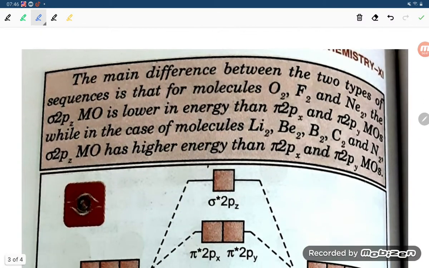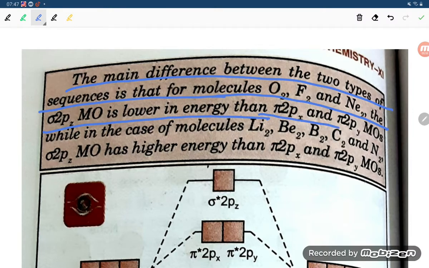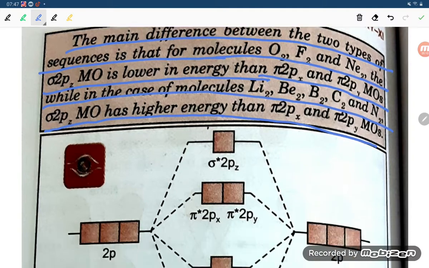So let us see, students. The main difference between the two sequences is that for the molecules O2, F2, Ne2, the sigma 2pz molecular orbital is lower in energy than the pi 2px and pi 2py molecular orbitals, while in the case of Li2, B2, C2, N2, the sigma 2pz molecular orbital has higher energy than pi 2px and pi 2py.